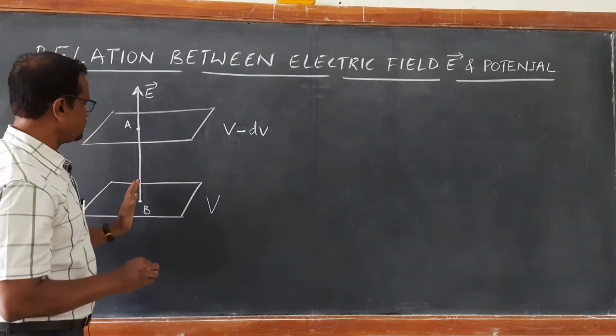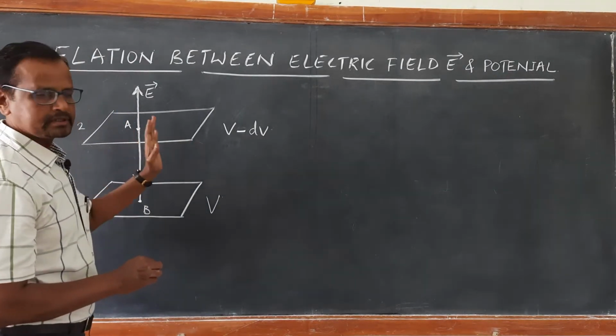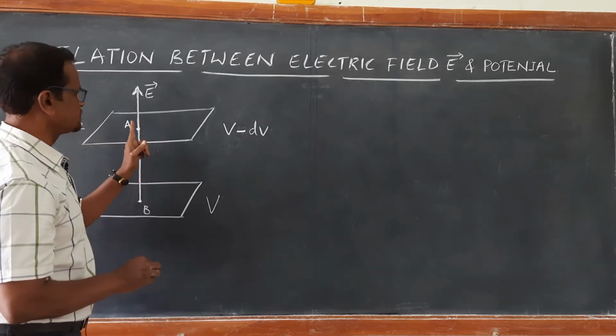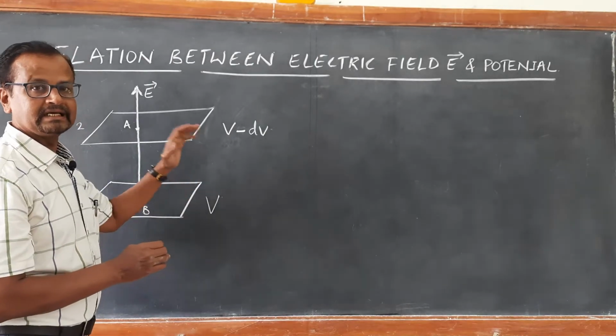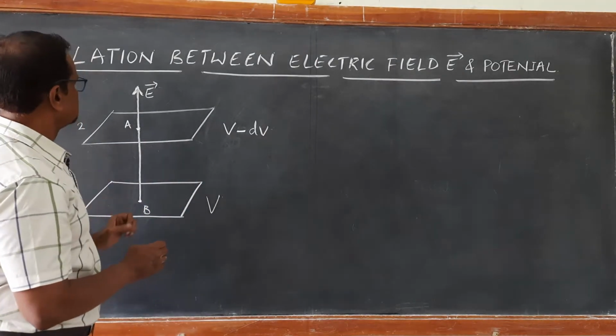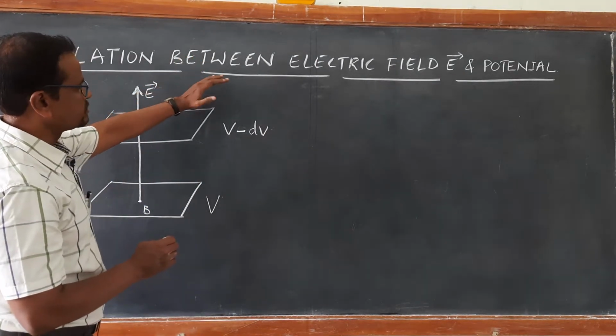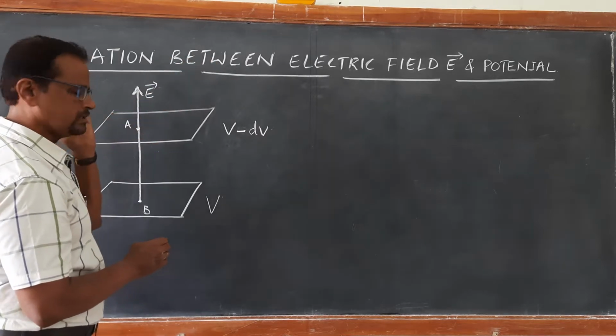It is perpendicular and vertically upwards, and you can see the electric field is in such a direction wherein potential is decreasing. Now, we want to calculate the relation between electric field and potential difference.